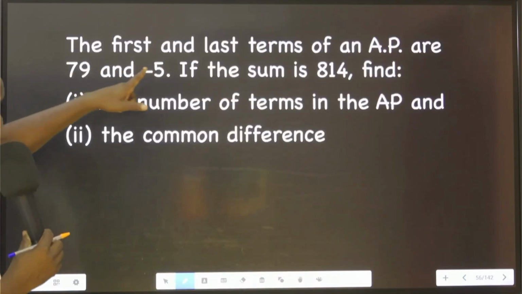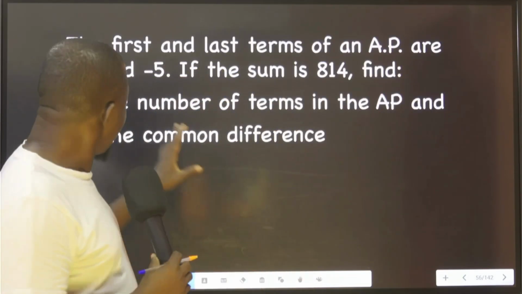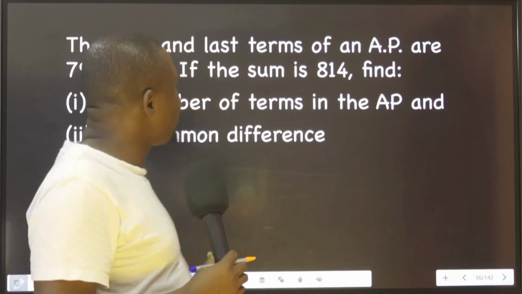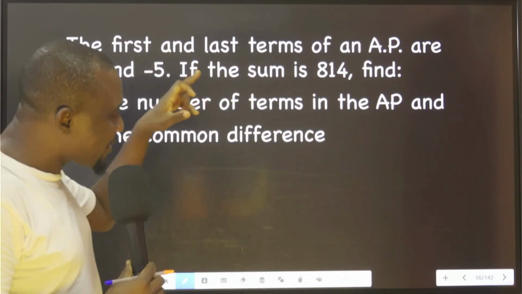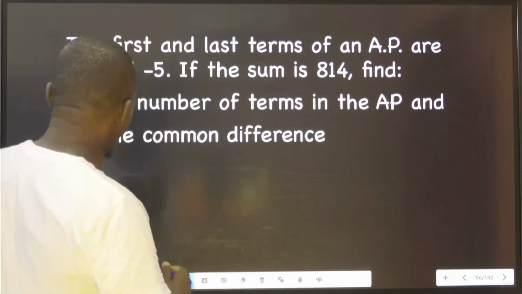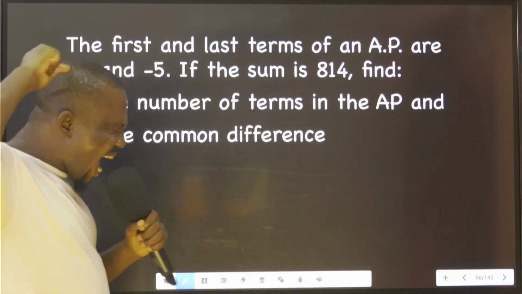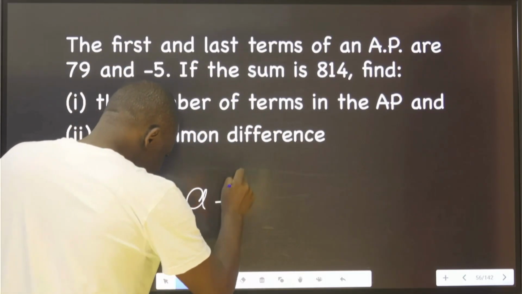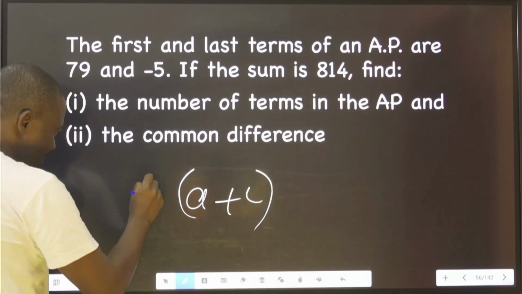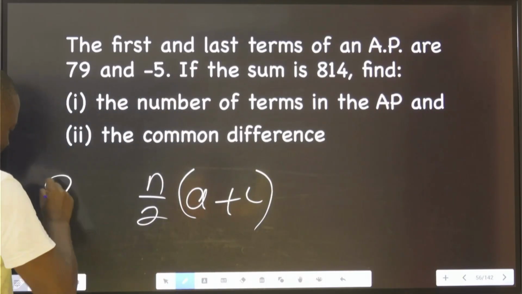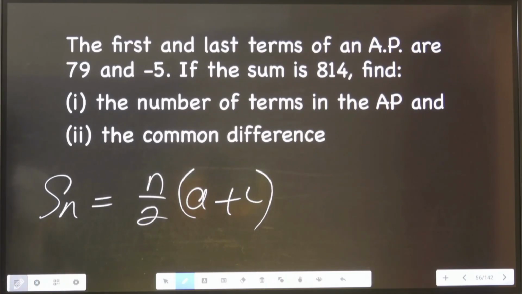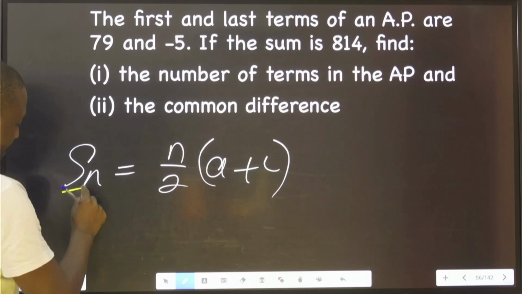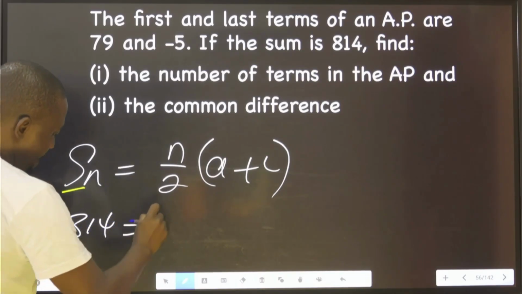Let's see. The first and last term of an AP are given to us. If the sum is 814, very good. One, find the number of terms in the AP. What we are saying here is, with the idea that the first and last term is given to us, the first and last term, remember the formula? Okay? So you can see, we are told the sum is 814.